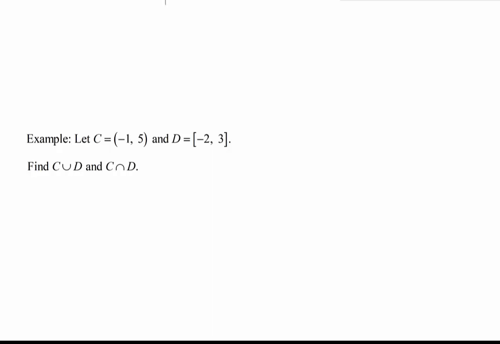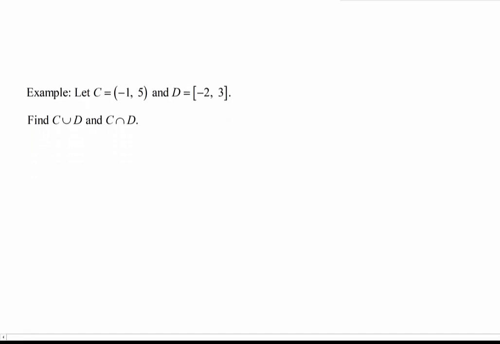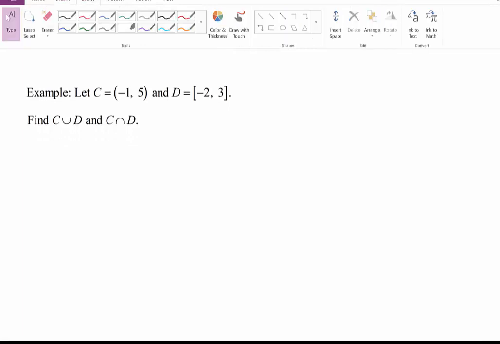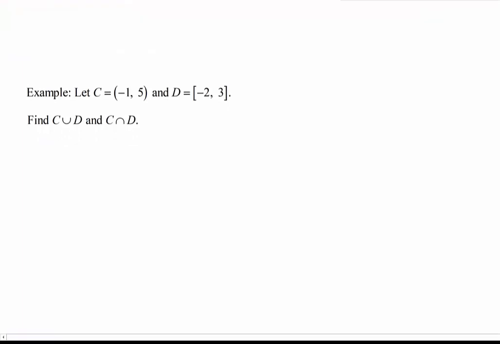So we want to find the union and intersection of these two sets, similar to how we did above, except in these, we actually have an infinite number of elements. And by the way, recall that the word elements is just another way of saying the things in the set.